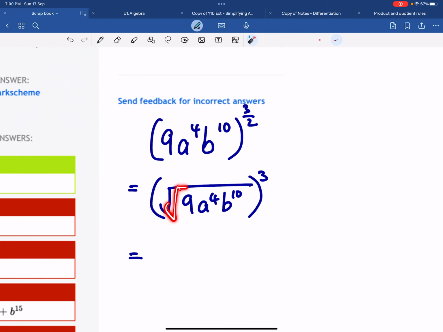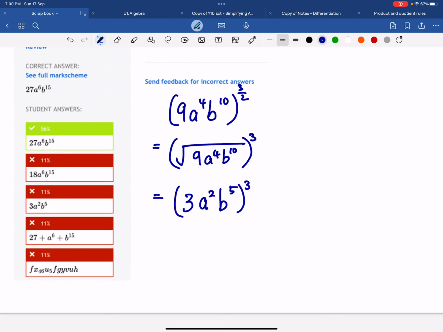So square root of 9 is 3. Square root of a to the 4 is a squared. Square root of b to the 10 is b to the 5. Then we have 3a squared b to the 5. And then cube it all.